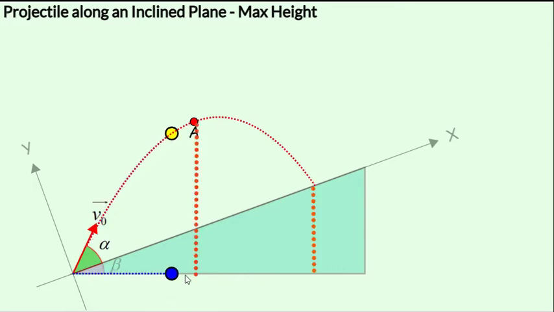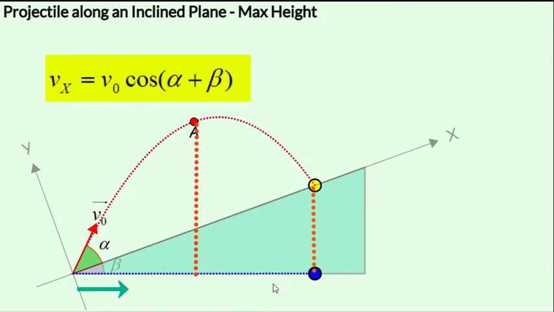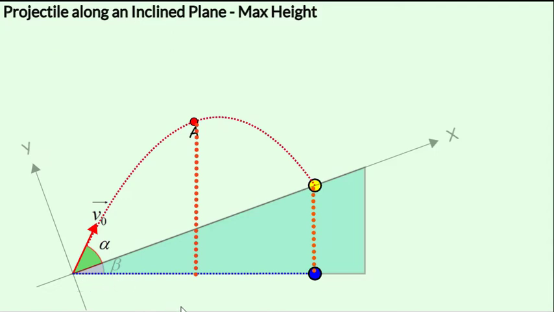So we slide this blue ball at a constant speed of v0 cos of alpha plus beta, and it would cover both halves of the total distance in equal amounts of time. And you can see that the blue ball is just like a vertical projection on the ground of the projectile, since they cover equal displacements along the x-axis in equal amounts of time.